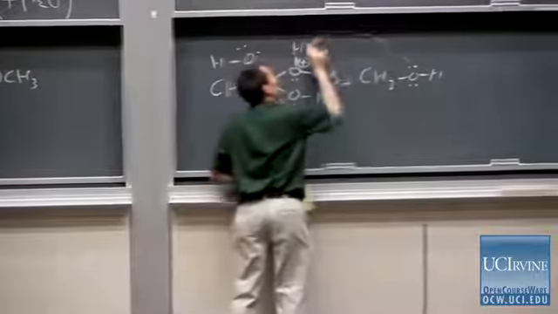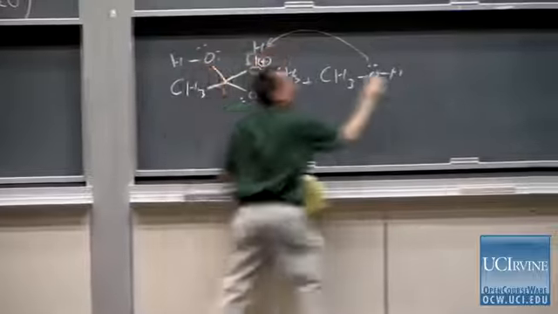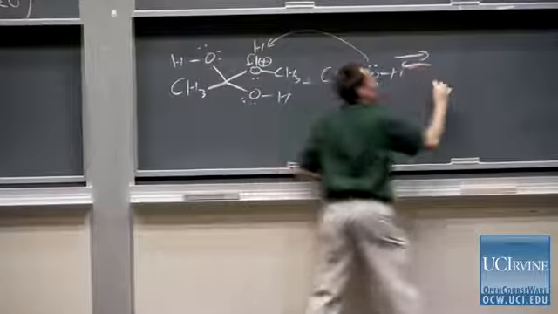I will draw a curved arrow representing the flow of electrons back to the methanol.